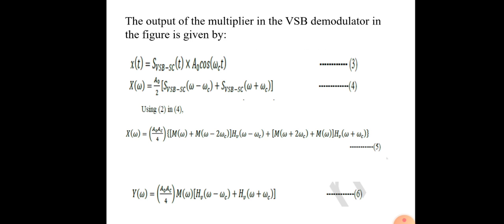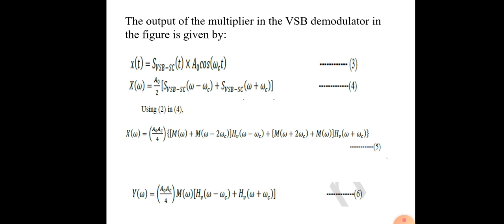And then here the overall derivation is there. Here x of t, that is the VSB demodulator process, is x of t equal to s_VSB-SC of t multiplied with A_0 cos omega c t.